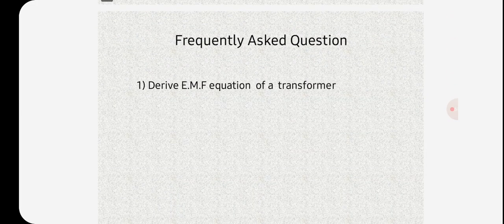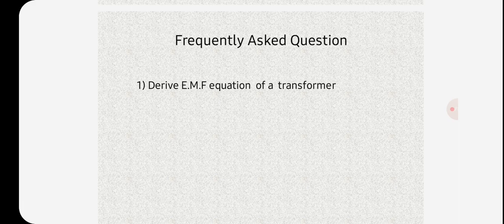And also, a frequently asked question is to derive the EMF equation of a transformer, and sometimes they also give a related problem.